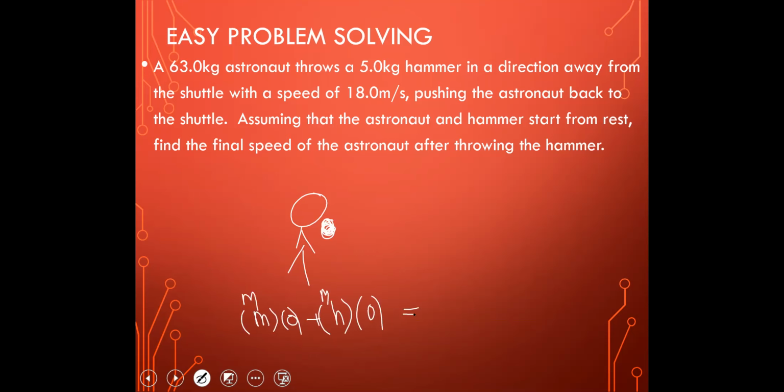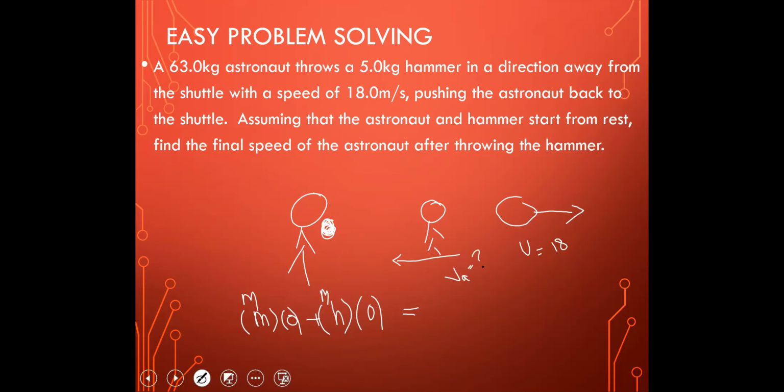After that, the hammer goes to the left and the astronaut goes to the right. That's why we said yesterday the momentum is conserved. Now the velocity of the hammer is 18, but the velocity of the astronaut is unknown.